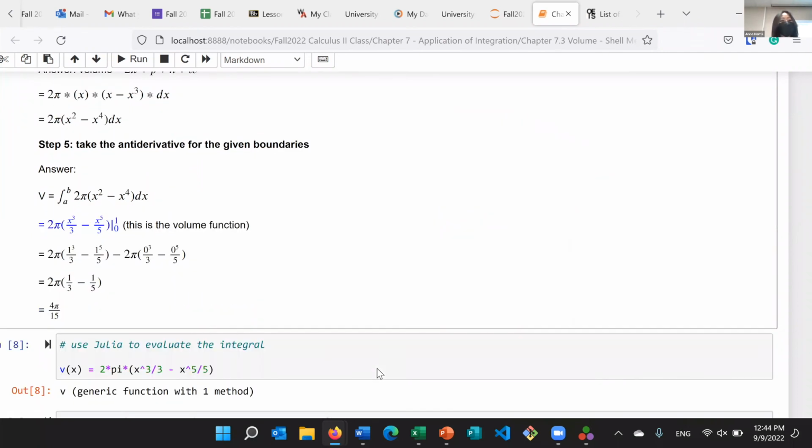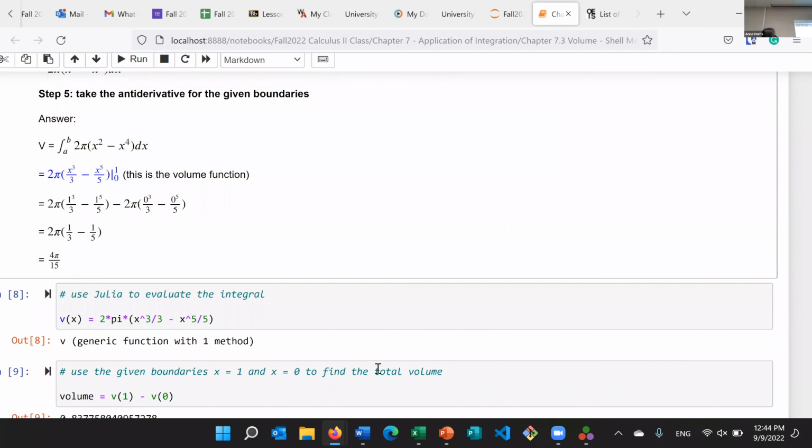Okay, so now what do you do? You're going to take the integral between a and b. When you integrate, you get 2 pi times x to the third divided by 3 minus x to the fifth divided by 5. You're doing it between 0 and 1. So plug in 1, plug in 0, and you get 4 pi over 15. That's what you have.